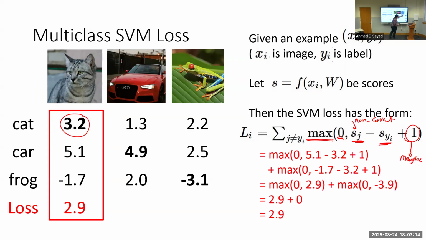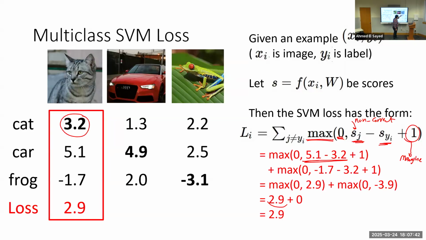This is the correct one, I will not touch it. I will subtract the correct score from the non-correct ones. So 5.2 minus 3.2 plus the margin will equal 6.1 minus 3.2, which is 2.9.